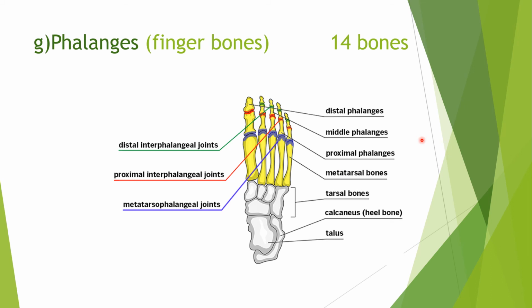And it is understood that between the proximal and distal phalanges are the middle or intermediate phalanges. You can count these phalanges: there are only 14 phalanges present in one foot, and there will be a total of 28 phalanges in both feet.